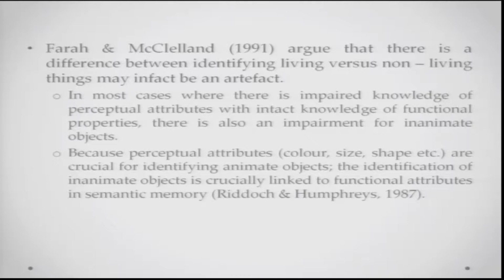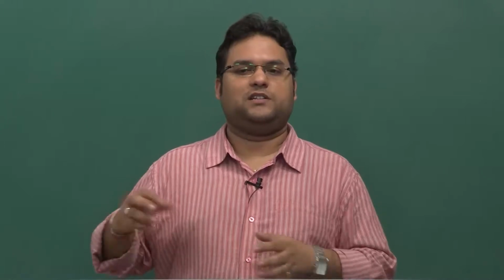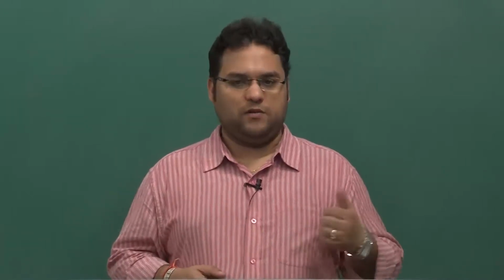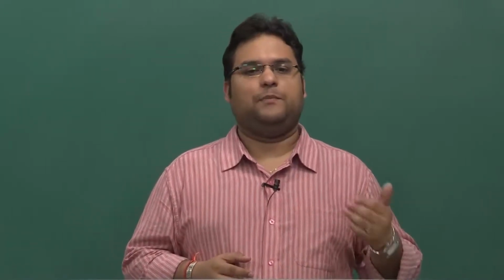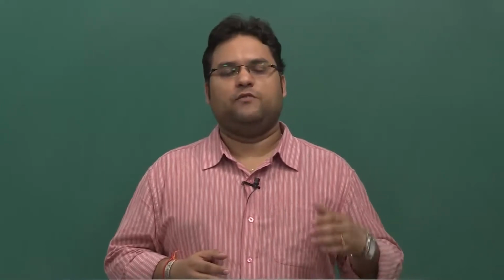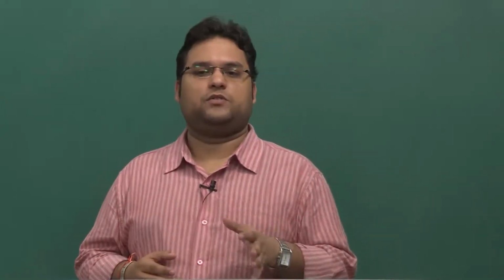Now, Farah and McClelland in 1991 argued that the difference between identifying living and non-living things might just be an artifact. They are saying that in most cases, whenever there is impaired knowledge of perceptual attributes with intact knowledge of functional attributes, there is also an impairment for animate objects.